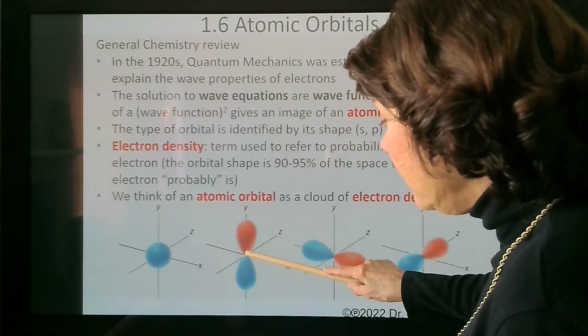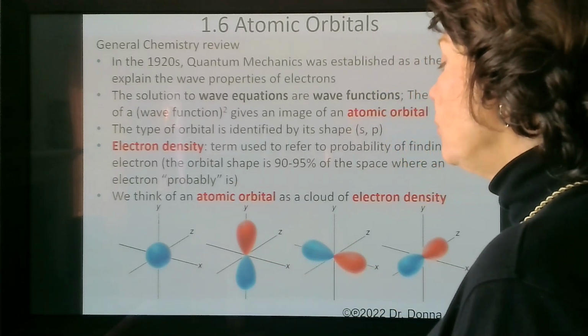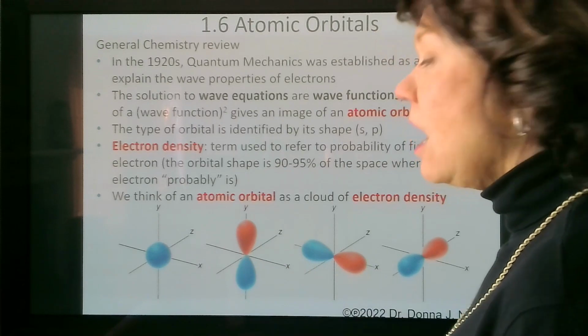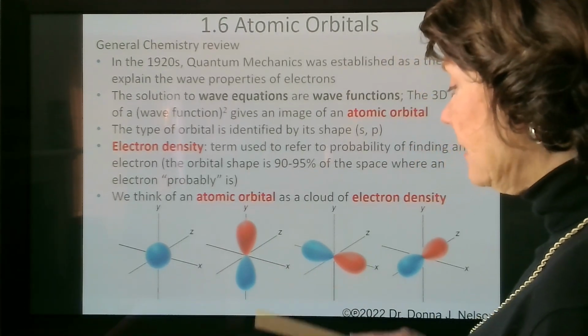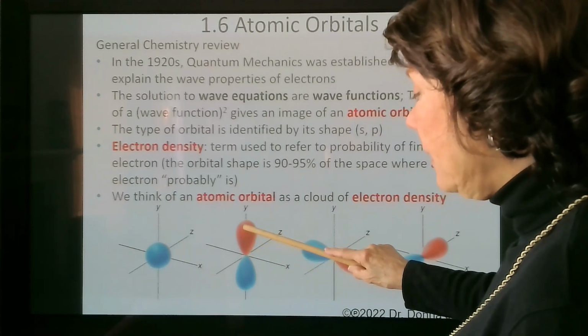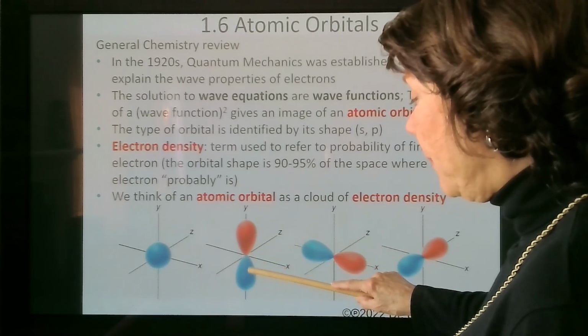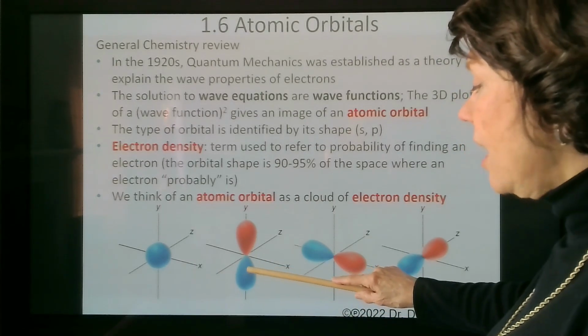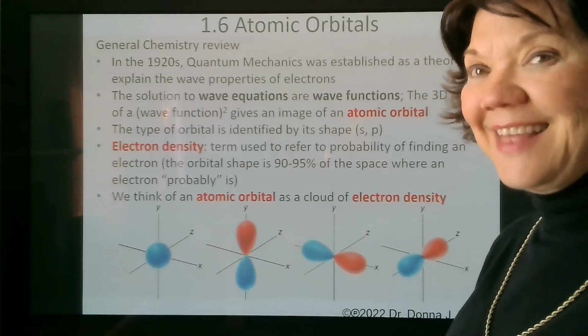So for example, right here where the node is, there is zero probability of finding the electron at that node. However, the electron density is occupying the space above and below that node, and so we know that the electron does have to pass through that node.